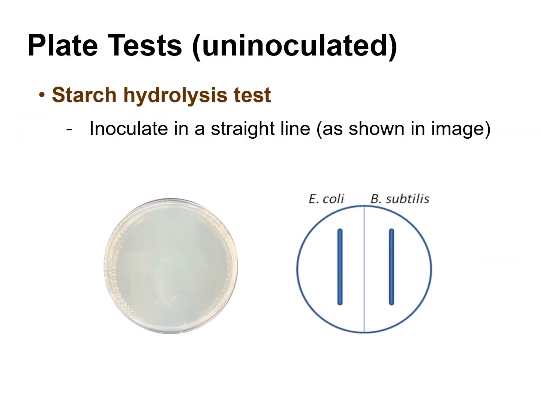Now there's another test called the starch hydrolysis test. You start out with a plate. You can start out with, as I said, a TSA plate. But the thing is the media, you go ahead and add starch to the media. You've got to make sure that you've added some starch in there.